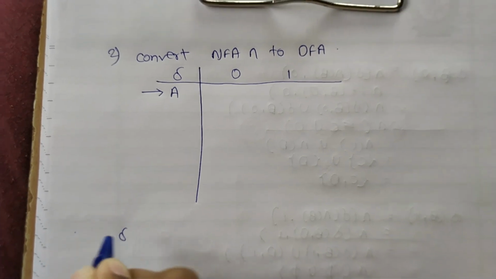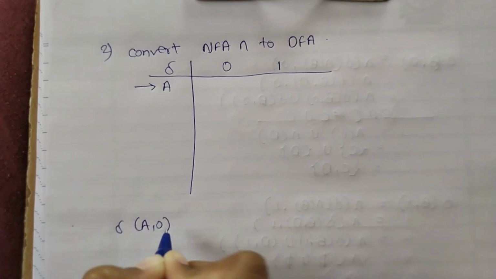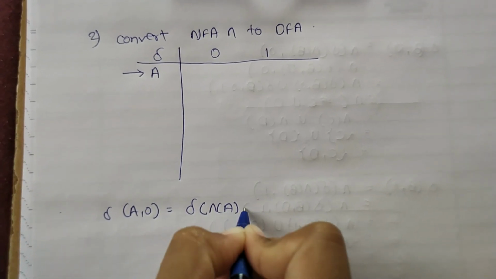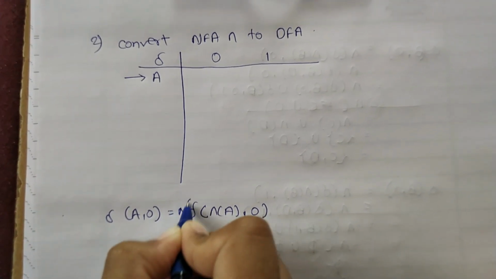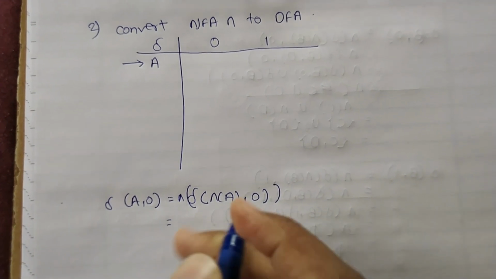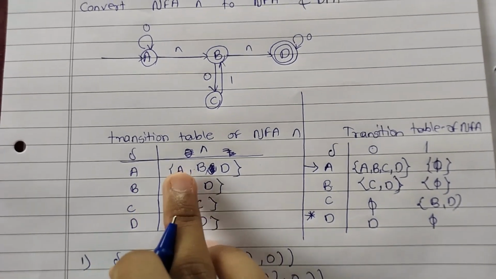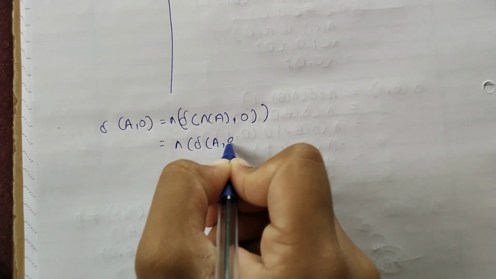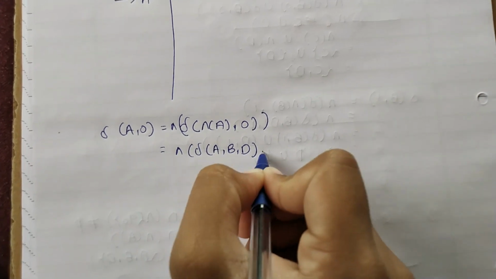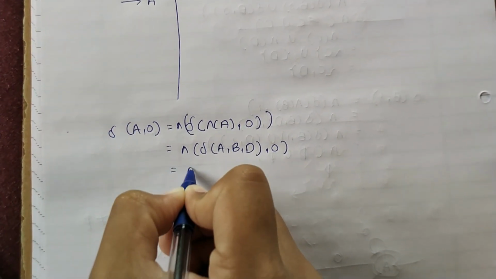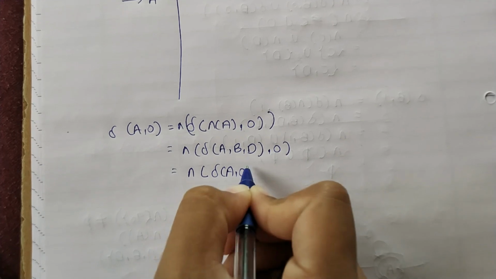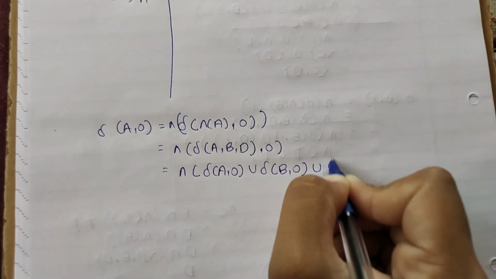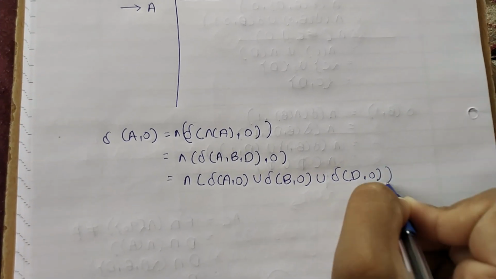So first we check A comma 0. So this is, as we know, delta of null of A comma 0. This is also null. Now we check null of A. So null of A is ABD. So null of delta of A, B, D comma 0. So null of delta A comma 0 union delta of B comma 0 union delta of D comma 0.